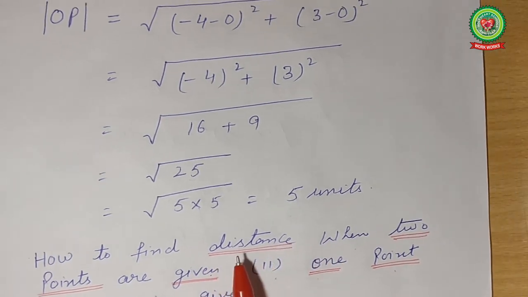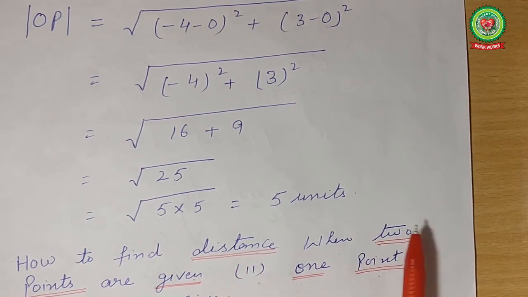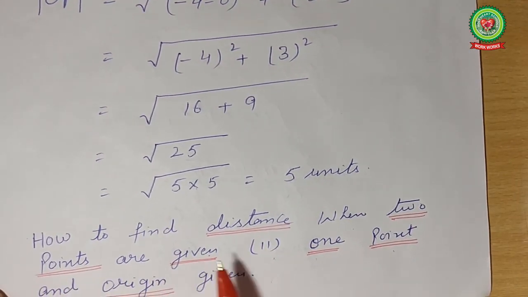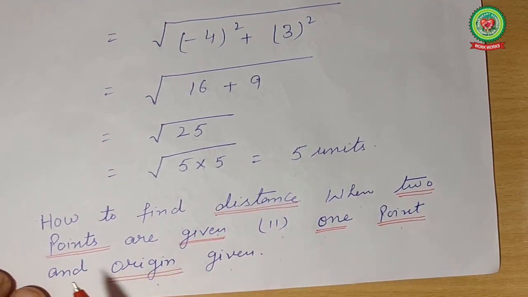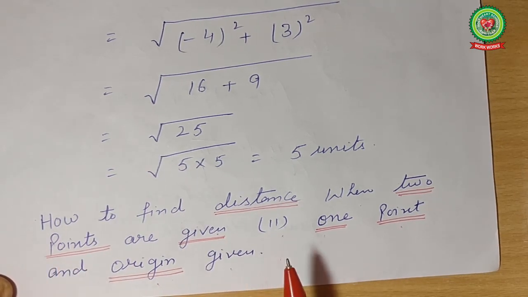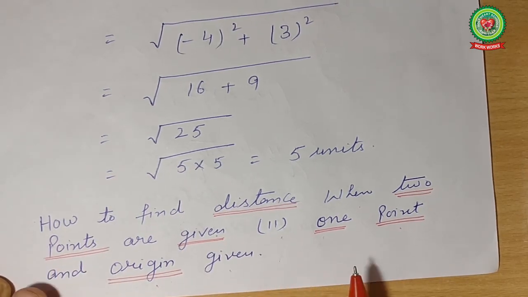Yesterday we did how to find the distance when 2 points are given. Today we did it when 1 point and the origin are given, and the origin is also a point, 0, 0. In all these cases, we learned how to find the distance between the points.